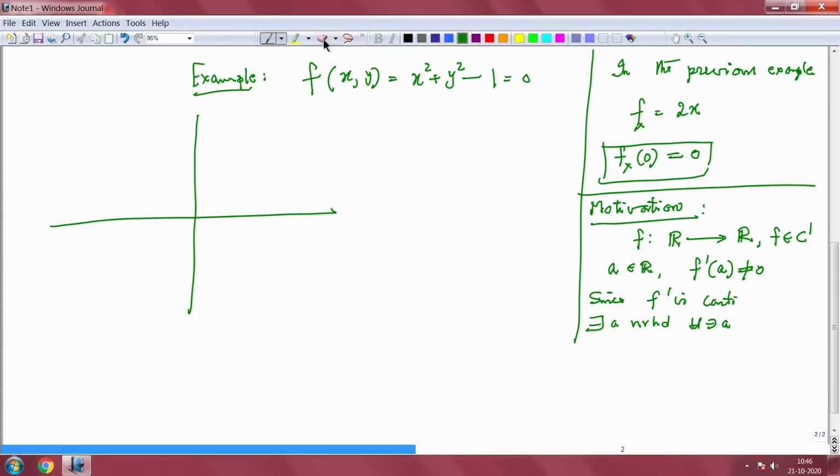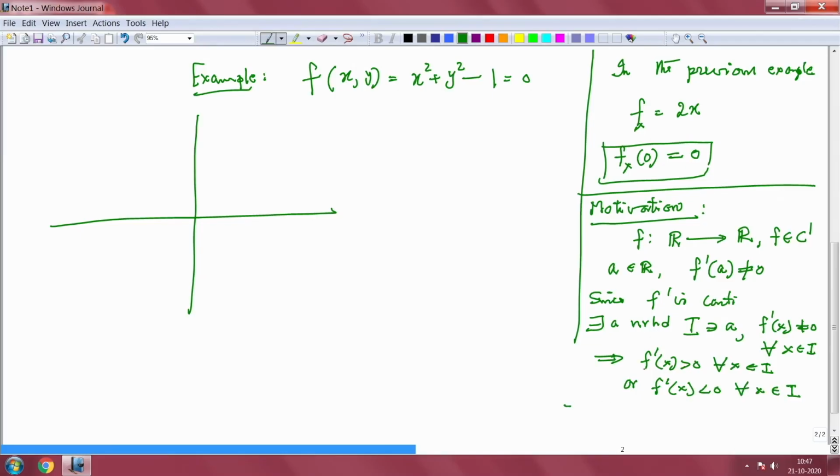There exists an interval I containing A on which f prime of x is not equal to 0 for all x in I. That means f prime of x is greater than 0 for all x in I, or f prime of x is less than 0 for all x in I.